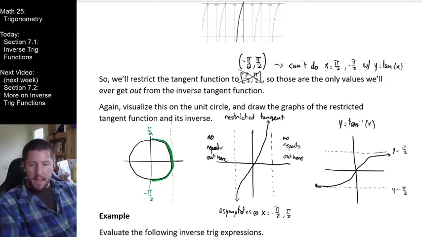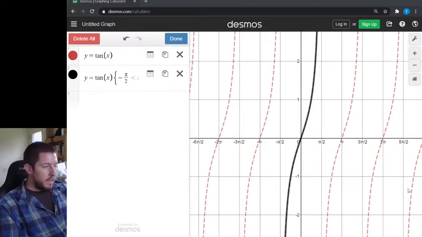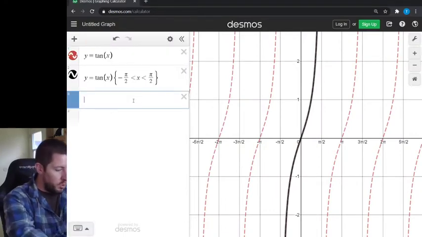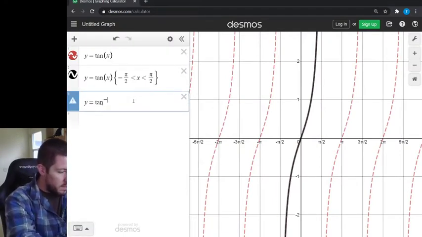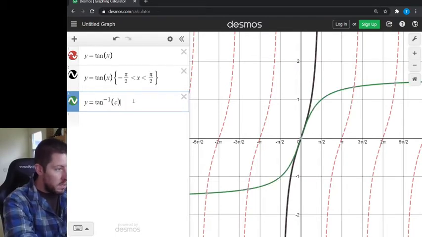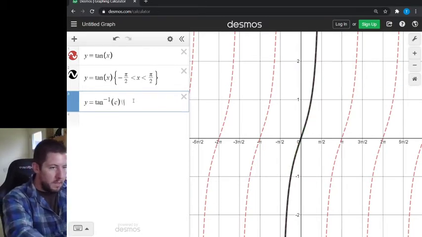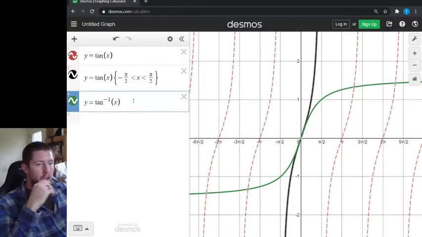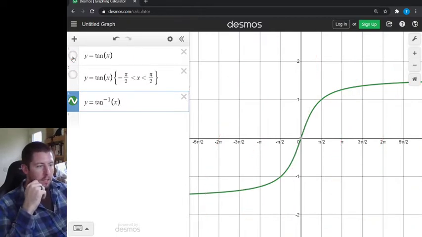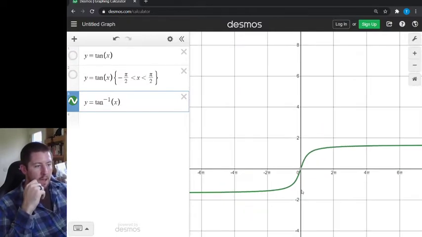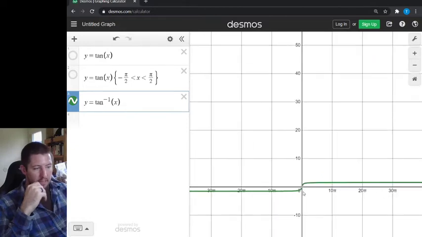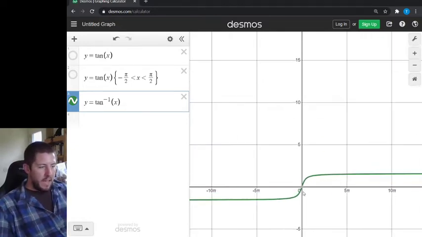We should go verify that, because that's a clunky looking graph. Let's take a peek in Desmos super quick. If I turn these guys off, yeah, it looks like we're getting that same tangent graph, but it's stuck. It never goes above pi halves or below negative pi halves.